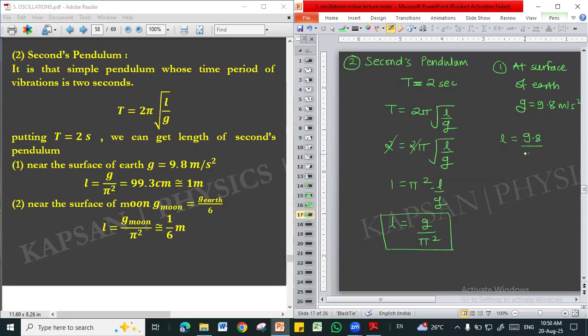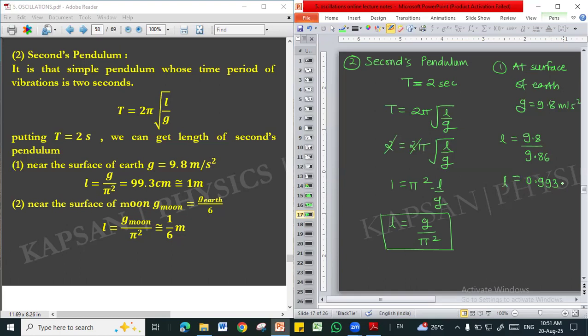So that comes out to be 9.8 divided by pi square, 0.9929, or 0.993.